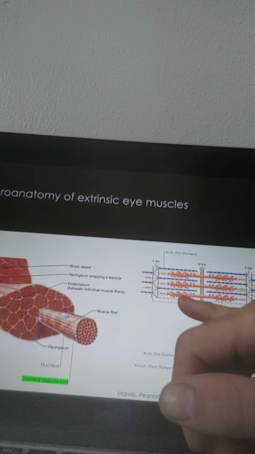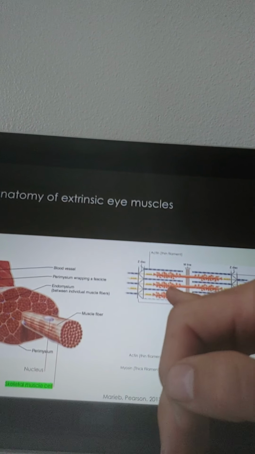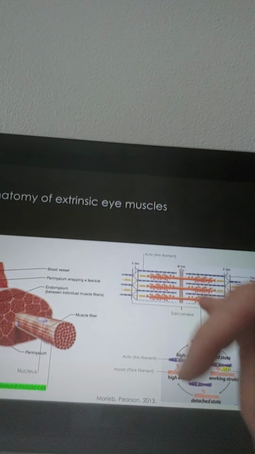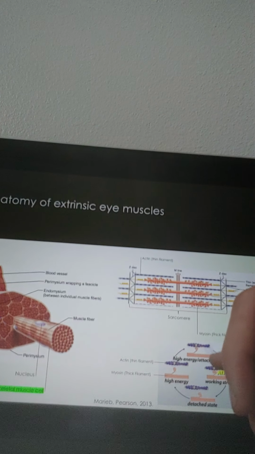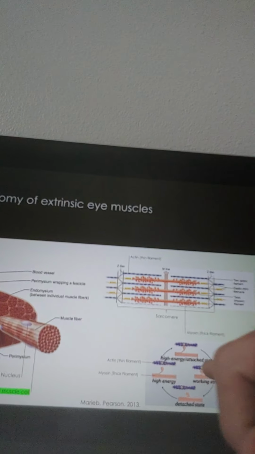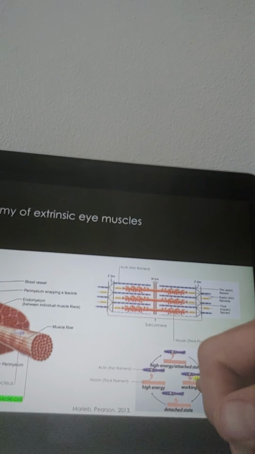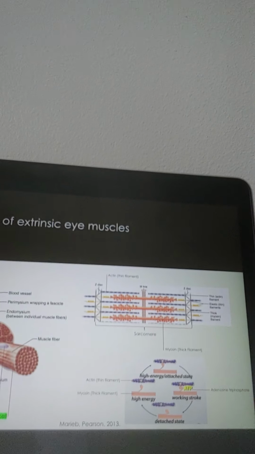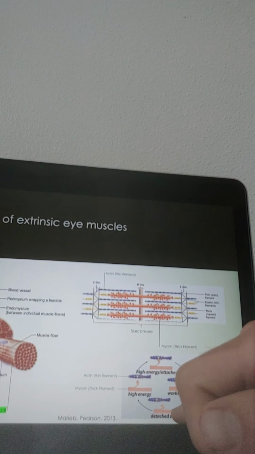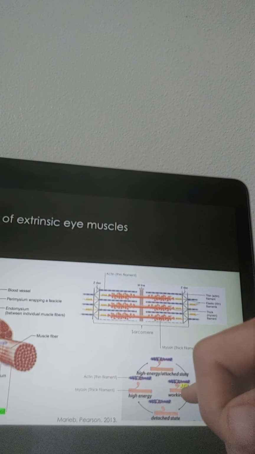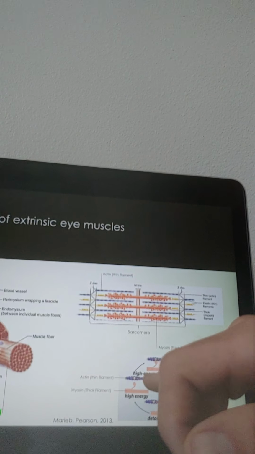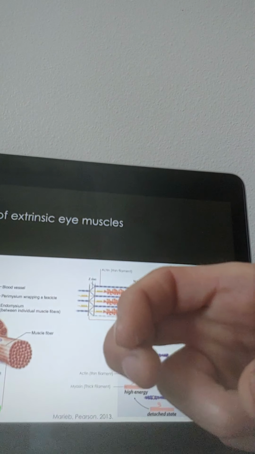The myosin thick filament and the actin thin filament pull on one another through a process called cross-bridge coupling, which uses the energy stored in the bonds of ATP to help create mechanical work that will pull with these myosin heads against the actin thin filaments to create movement.